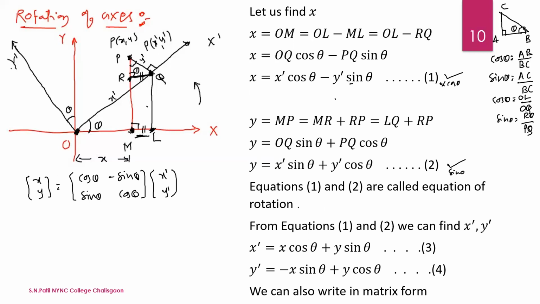See, if we square equations 1 and 2, then what do we get? x square is equal to, with the a minus b whole square, x dash square cos square theta minus 2 times ab, 2 times x dash y dash cos theta sine theta, plus y dash square sine square theta.